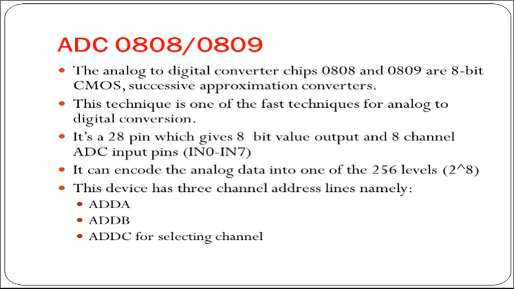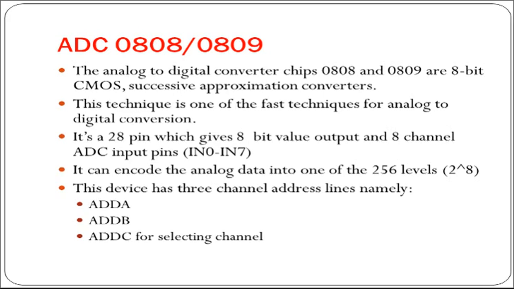This chip is a 28-pin chip which gives an 8-bit output value and it has 8 channel inputs named IN0 to IN7. As it provides an 8-bit output, the analog data can be encoded into one of 256 levels.